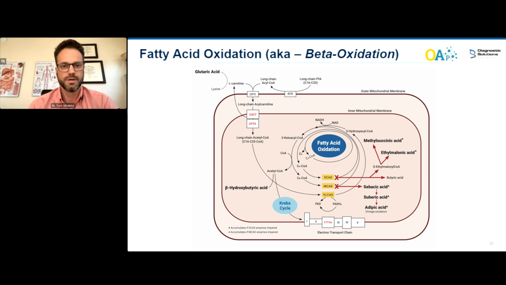So here at the top, we have the outer mitochondrial membrane. So this is inside the cell. And basically you have L-carnitine, which is a shuttle, kind of like a tugboat, pulling in these long chain fatty acids into the mitochondria so you can make ATP and they can have that cellular energy that all of us need and want.